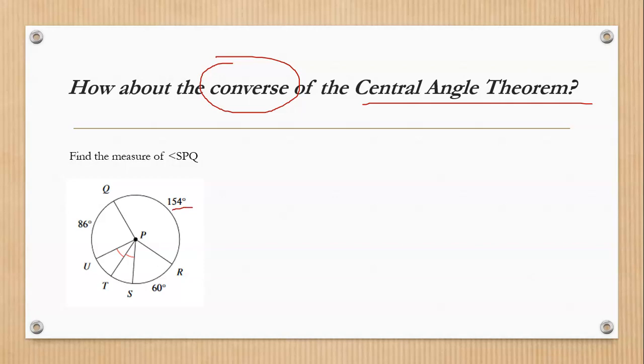See how the outside of the circle is labeled? So then we're going to immediately know the angle measure as well. So if this arc is 154, the angle across from it that's on the center is 154. Same here. If this QU is 86, then the angle on the inside of that circle is 86. Only because it's a central angle. Here this is 60, so this one is 60.